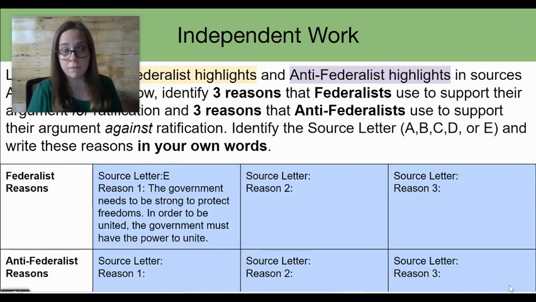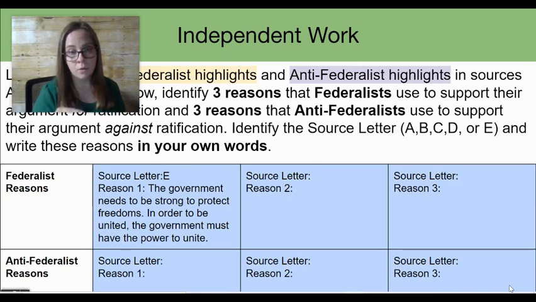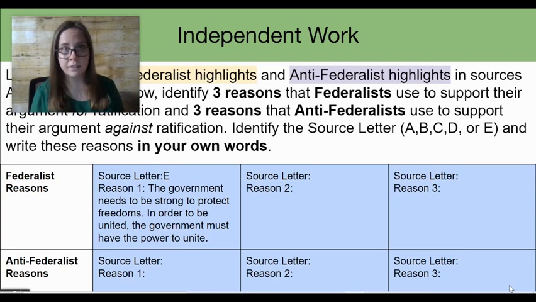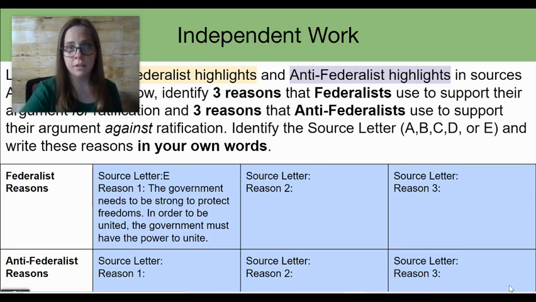Federalist info from source E. I came up with the idea in my own words that the government needs to be strong to protect the freedoms of the people living there. And in order to be united and be strong, the government must first have the power to unite. And thinking about this, they're not going to have the power to unite unless they have a strong federal government.